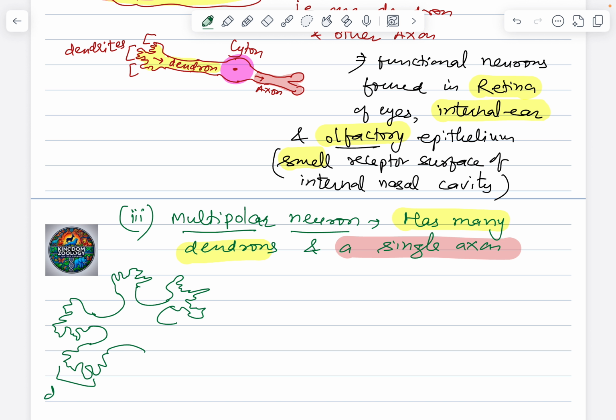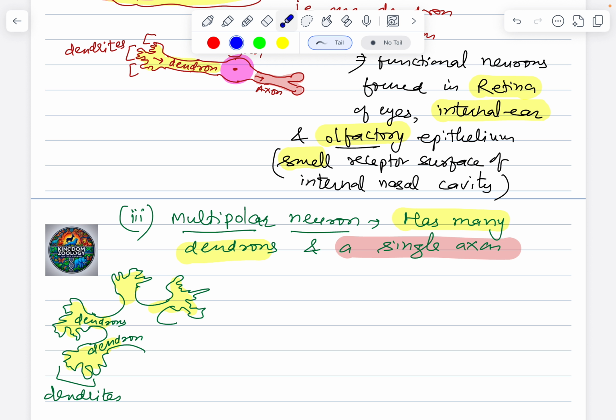So all these structures are the dendrites, dendrons. To differentiate them, here are the dendrites and the dendrons.